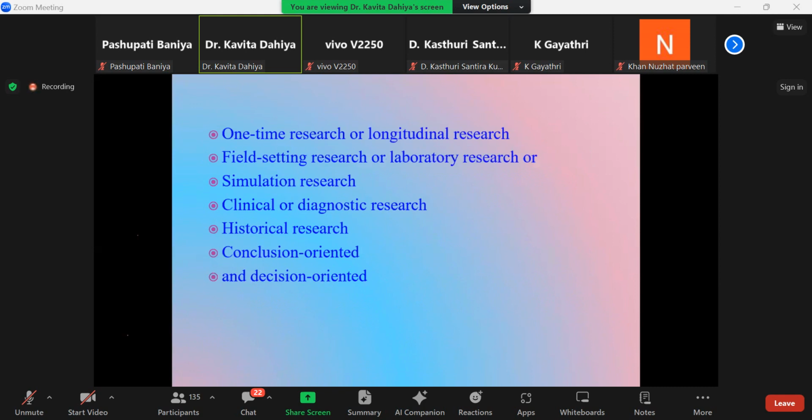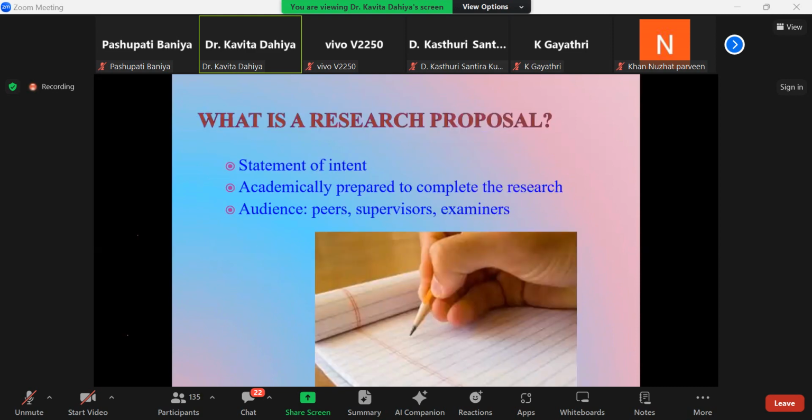There may be field setting research or laboratory research, simulation research, clinical research, or historical research, conclusion-oriented or decision-oriented research. Means all these are different types of research that you may conduct.